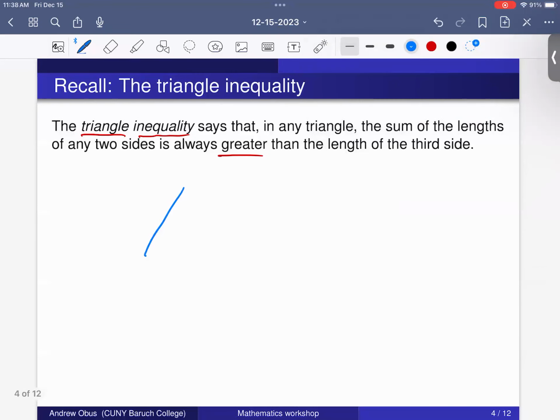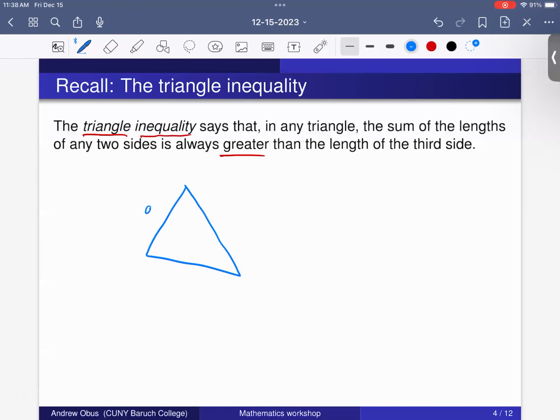So if I draw a triangle with three sides A, B, and C, then A plus B is greater than C, A plus C is greater than B, and B plus C is greater than A. If I take any two sides and add them together, I always get something bigger than the third side.